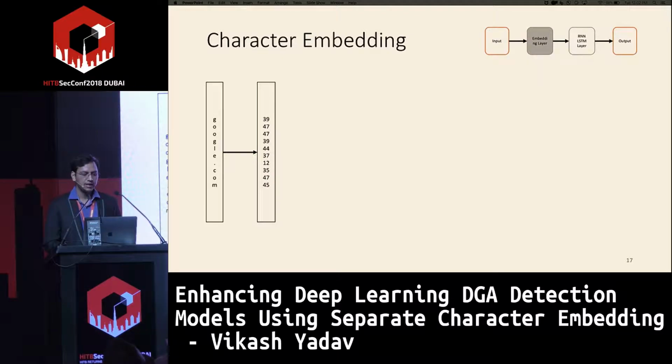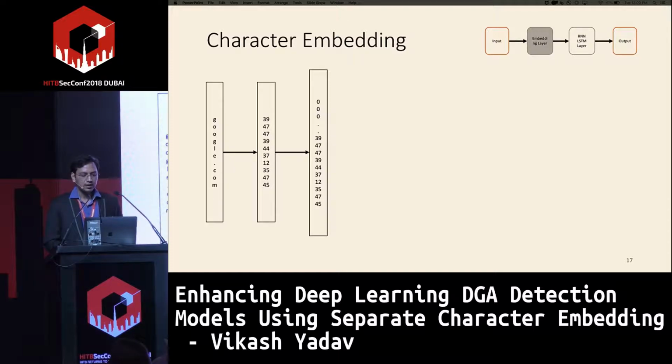Here each character is mapped to a unique integer. And since the domains are of varying length, we also pre-process by padding additional zeros so that each domain is now of a fixed size. This input sequence is now of a fixed size, which is acceptable to a machine learning model.